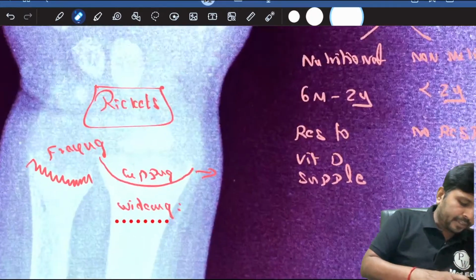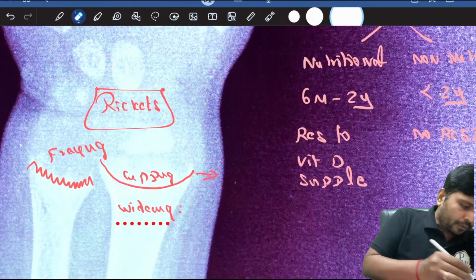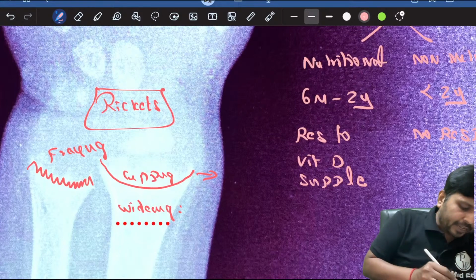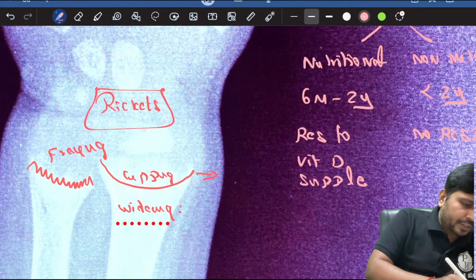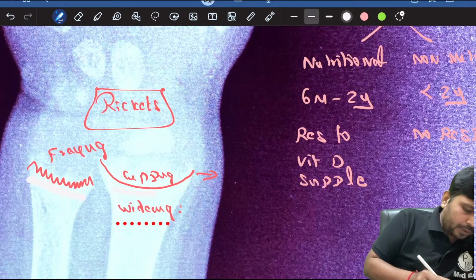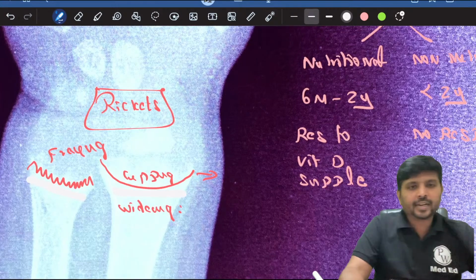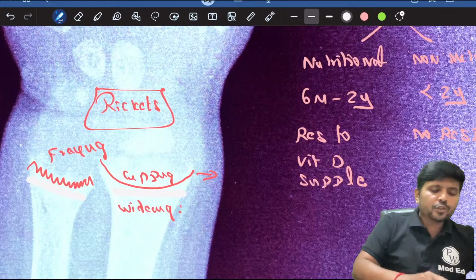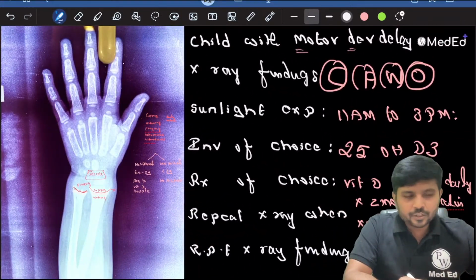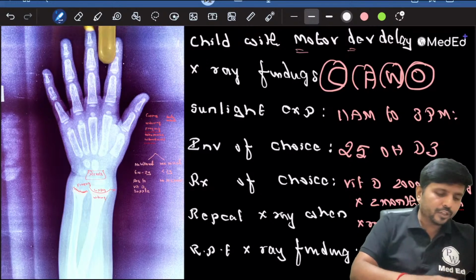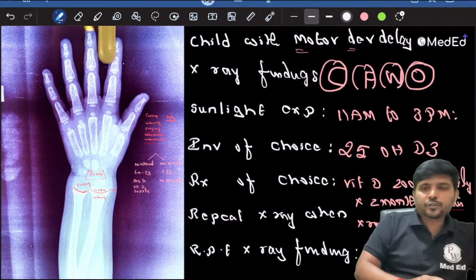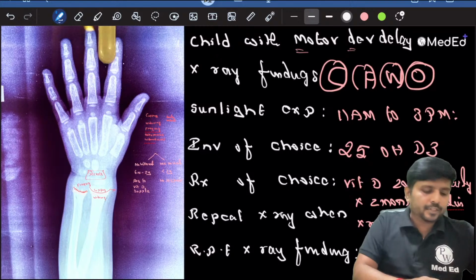What will happen in this area? Because of vitamin D, calcium will be depositing in this area as a thick white line. This is called zone of provisional calcification, which will usually be seen when it is nutritional rickets. Right, so this is all about rickets.